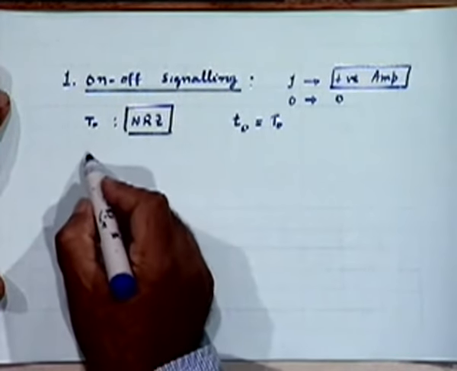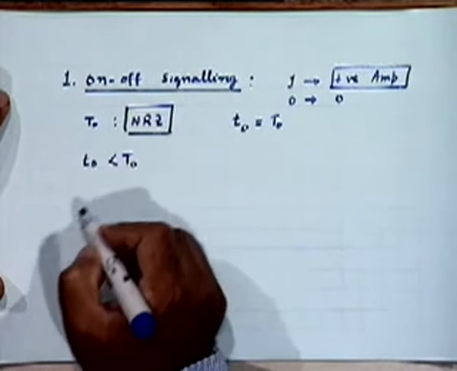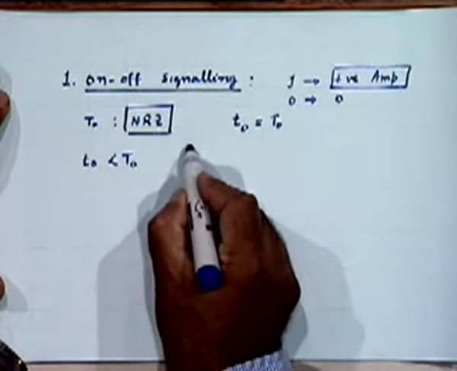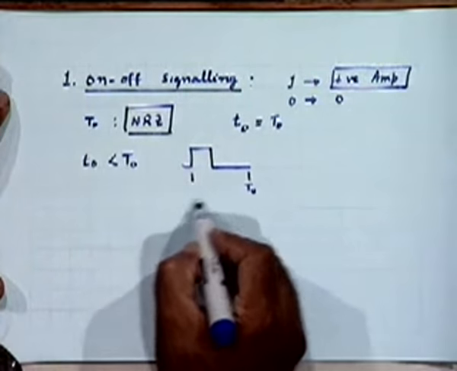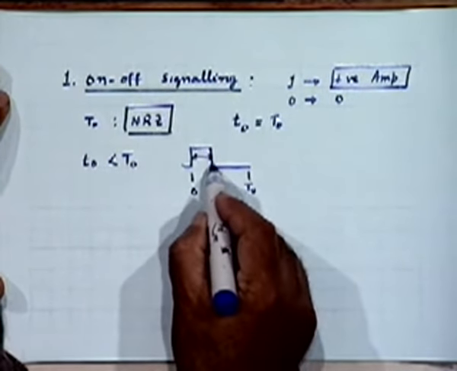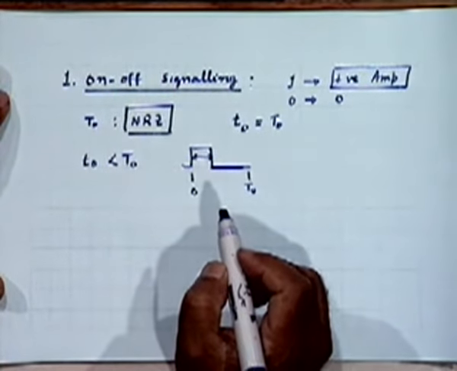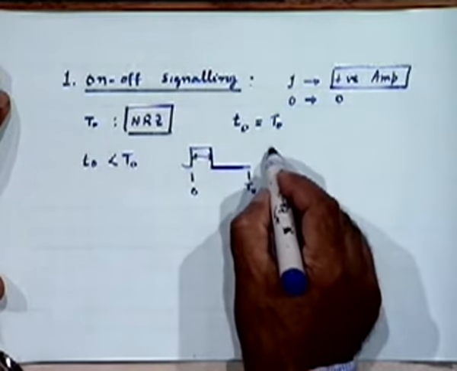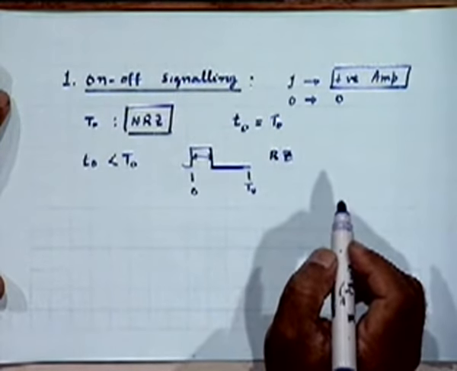If however you take Tp which is less than T0, because we are transmitting a pulse, this is your T0, let us say, but pulse width is less than that, even during a 1 you are at a 0 level for part of the interval. That's called a return to 0, unipolar signaling scheme.